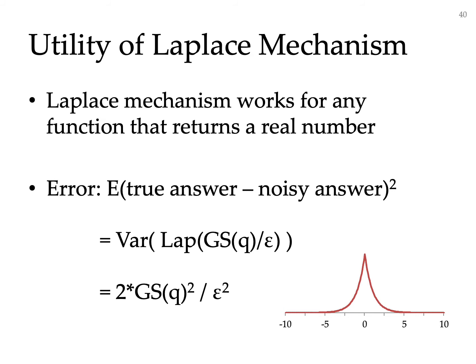And it's not hard to see that a large global sensitivity or a smaller epsilon implies higher error, which is less utility. And recall a statement that we have discussed earlier, a better privacy, meaning a smaller epsilon, implies worse utility. Okay. So from here we can conclude there exists an accuracy-privacy trade-off for the Laplace mechanism.